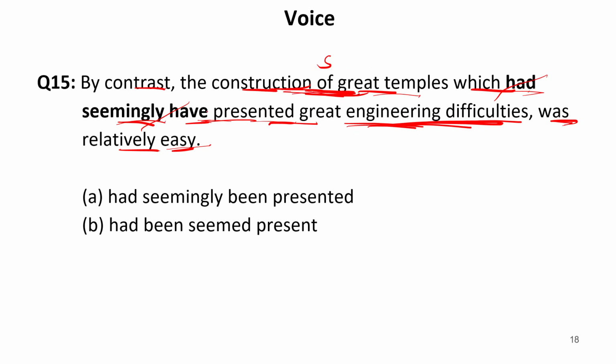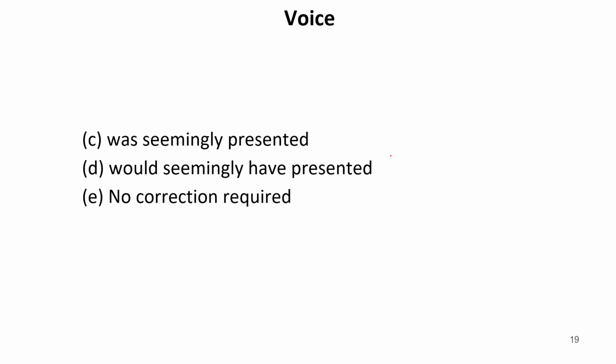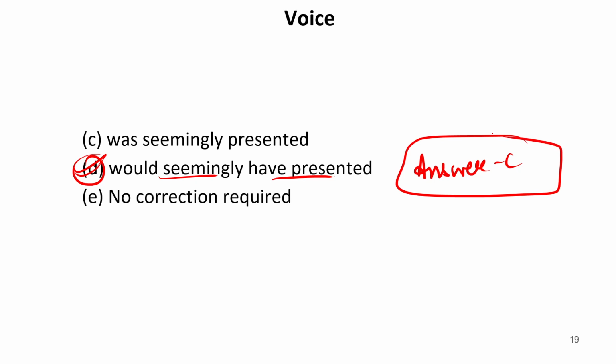Then which had seemingly have presented great engineering difficulties. So, these are objects. It means the sentence has to be made in active voice. And if it has to be made in active voice, the correct answer will be D. That is, would seemingly have presented. So, our answer is C, of course, because the sentence has to be in active voice only. So, would seemingly have presented.